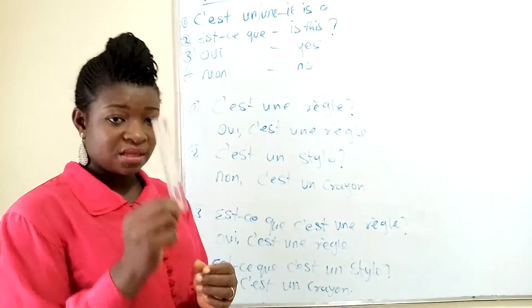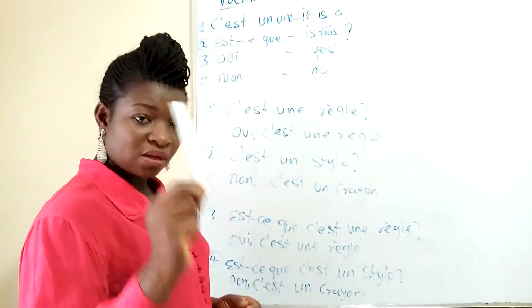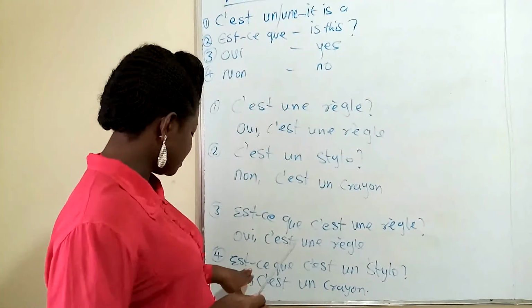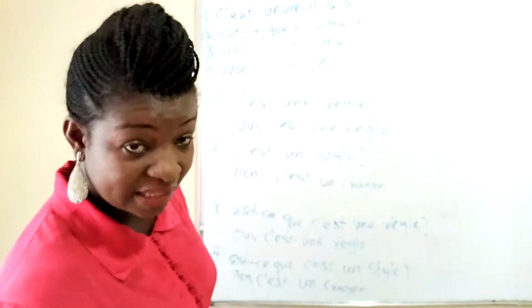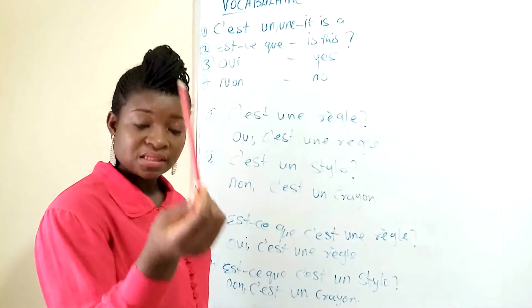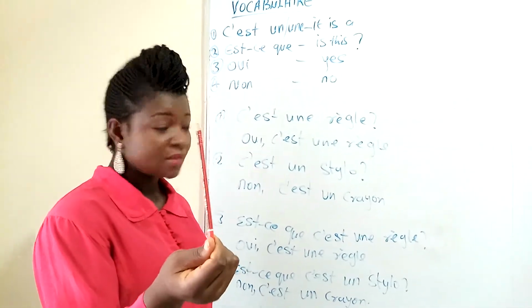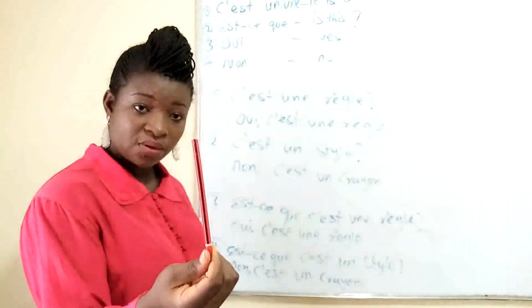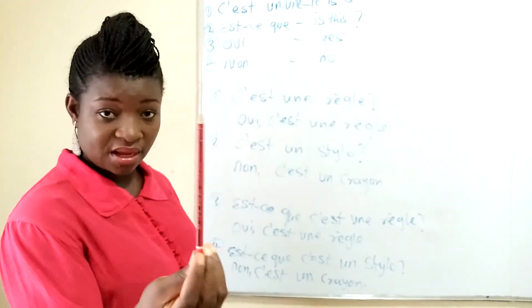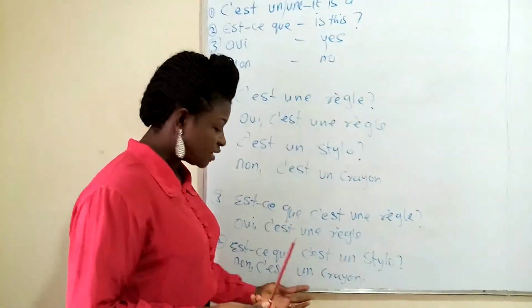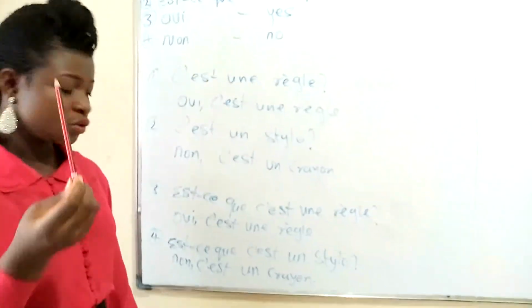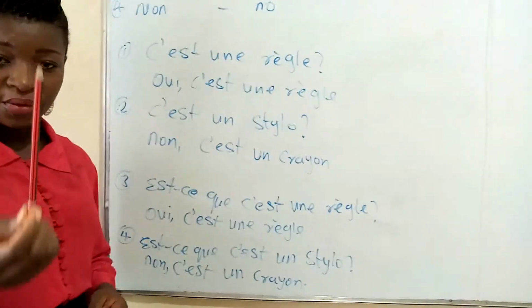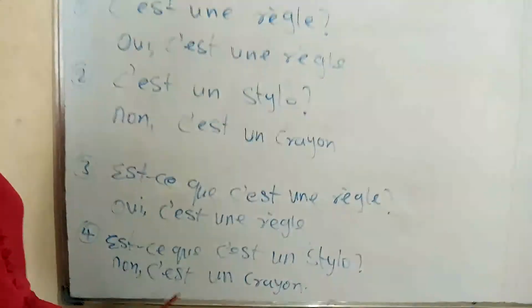If it is not what I'm holding, let me hear your answer. Number 4. Est-ce que c'est un stylo? Is this a pen? Since this is not a pen, you say non, c'est un crayon. This is un crayon, a pencil. Okay, very good.